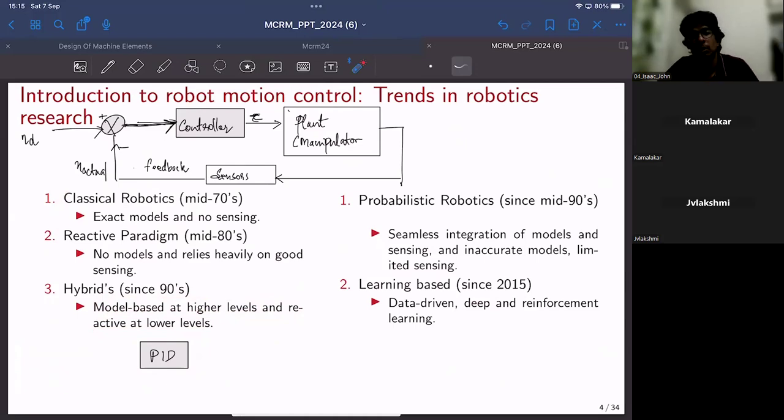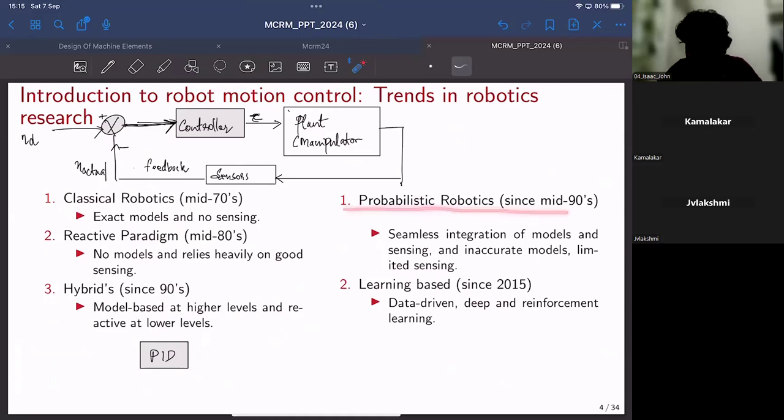For example, you can use a model-based scheme at the manipulator level, and you can use a reactive scheme, probably a PID scheme, which is purely based on feedback, at the actuator level. So on the manipulator level, you can use a model-based scheme, and at the actuator level, you can use a feedback-based scheme.